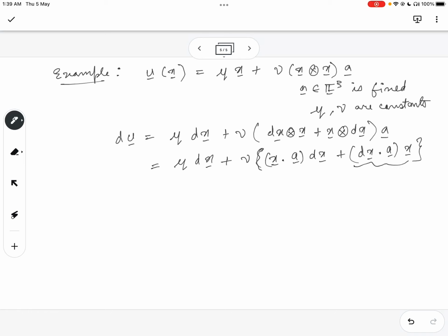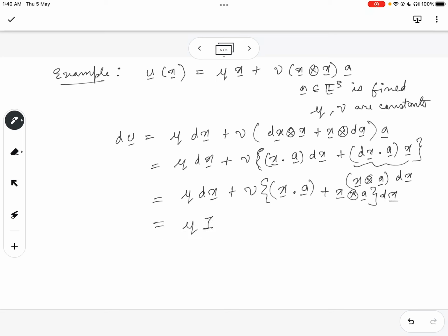This part can also be written as x dyadic a acting on dx. Therefore, this expression becomes mu dx plus nu x dot a dx plus x dyadic a acting on dx.